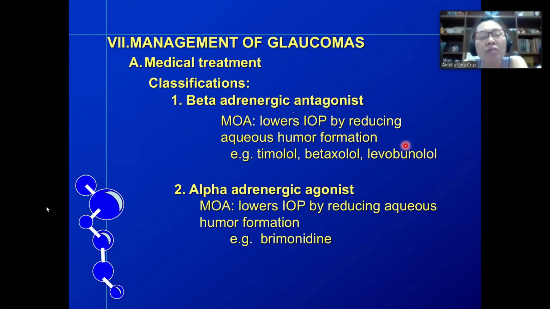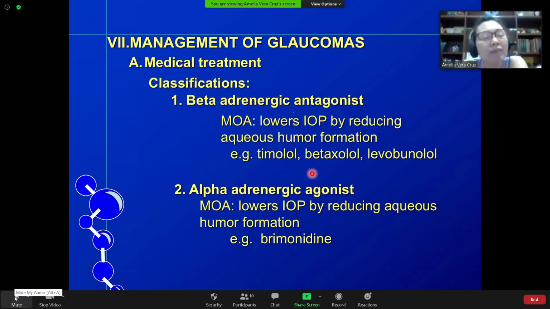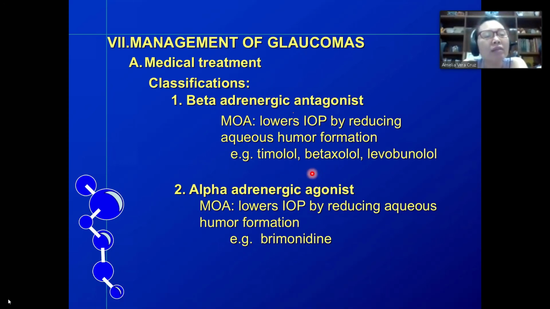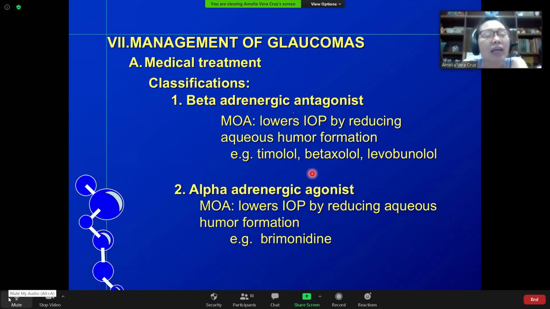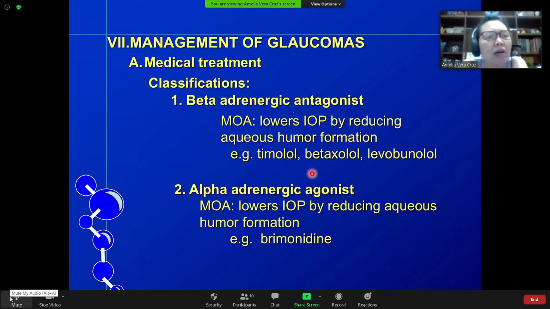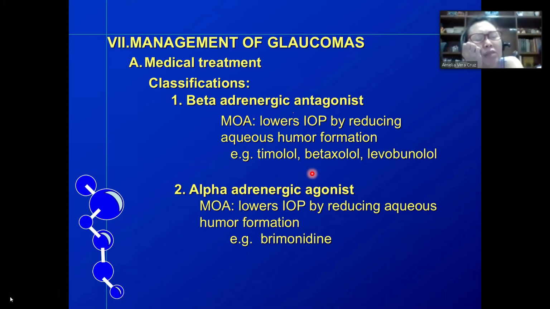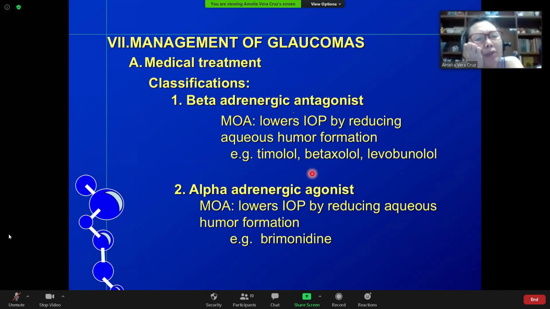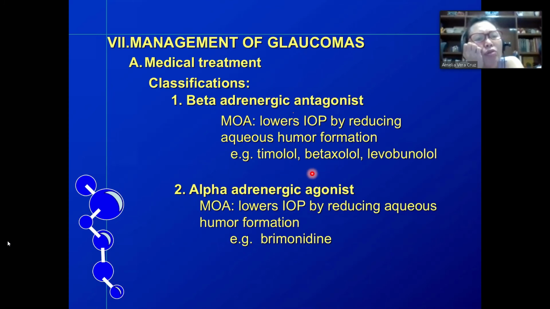Now, what is the danger of giving beta blockers on patients? When not to give beta blockers? In patient with asthma. And of course, patient with very low heart rate. Kapag ang heart rate mo less than 60, mag-isip ka. Baka matumba pasyente mo, mag-collapse, kasi kahit 1 drop lang yan, can actually decrease your heart rate up to 30.